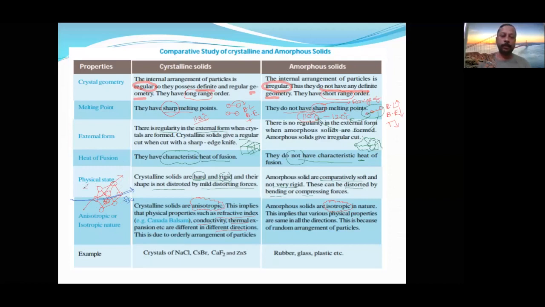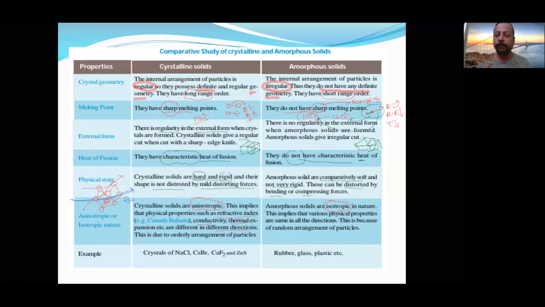If it passes through the edge, then it will meet the next point at a. So the distance between the two consecutive points will be different when rays approach in different directions. So once rays approach in different directions, the properties also will be different. That's why this is anisotropic.